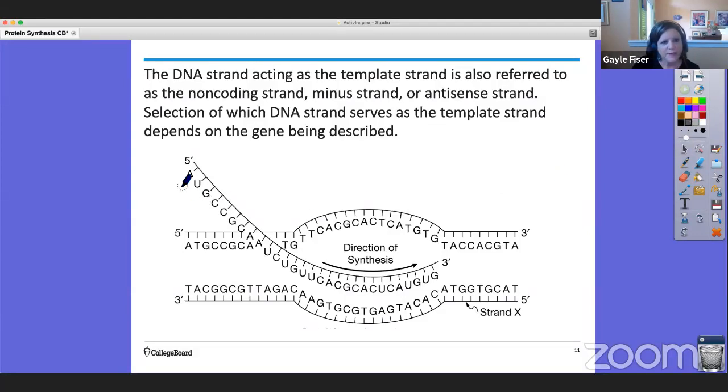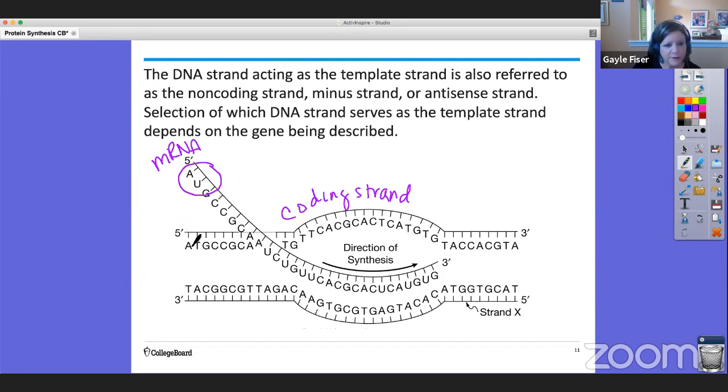The first thing I can see is that I have a 5' end, and there's my AUG. So if this is my messenger RNA, I know it's going to be almost identical to my coding strand of my DNA, with the exception of my U and T, okay?